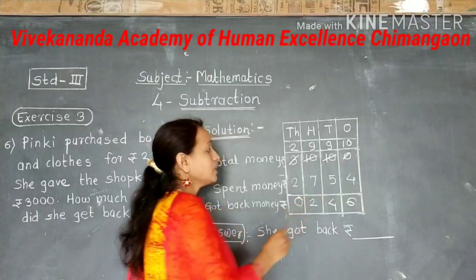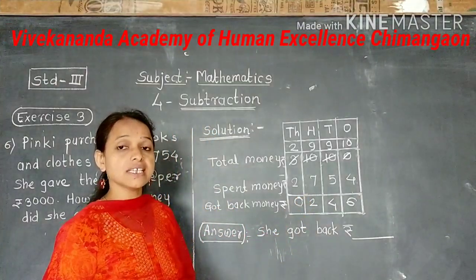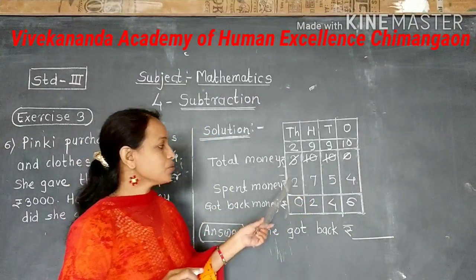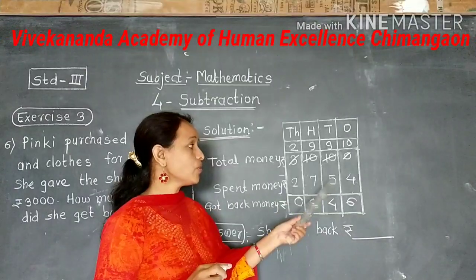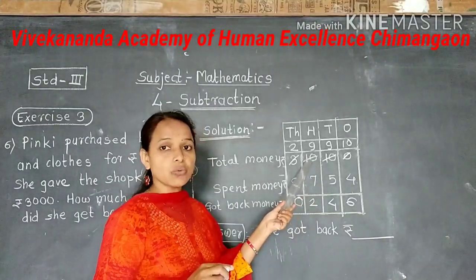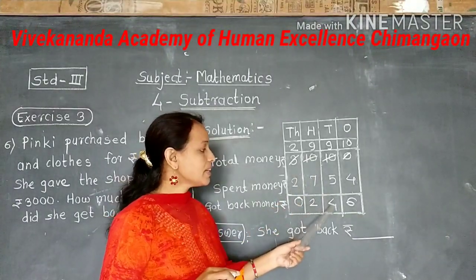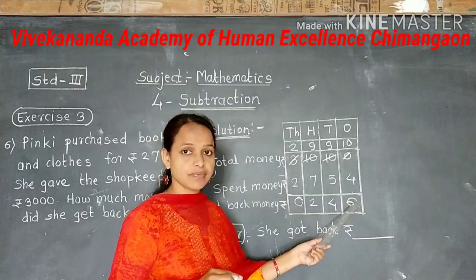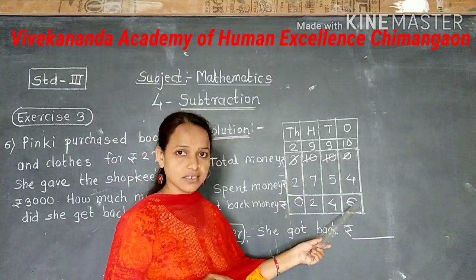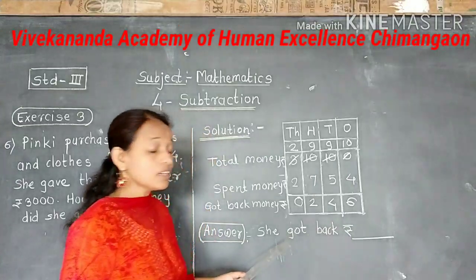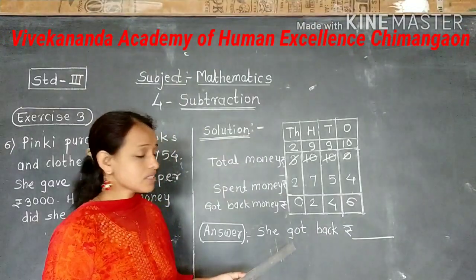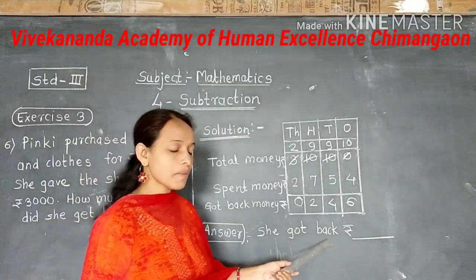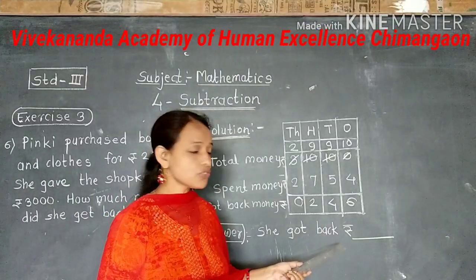So we write 0 in the thousands place. In this way, by subtracting 2,754 from 3,000, we get the answer 246. That is our answer. What will be our answer here? She got back money. How much?